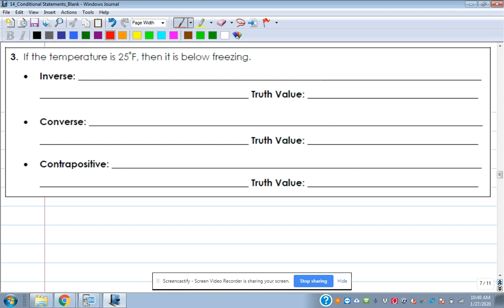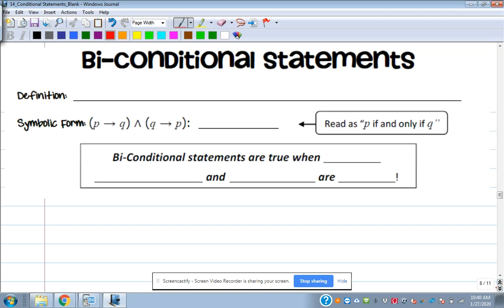All right, so let's talk about biconditional statements. A biconditional statement is the conjunction of a conditional statement and its converse.